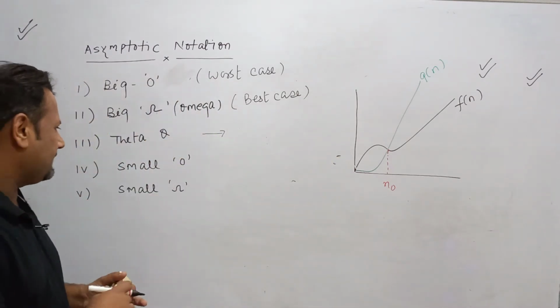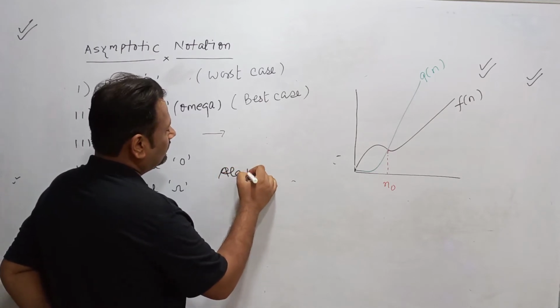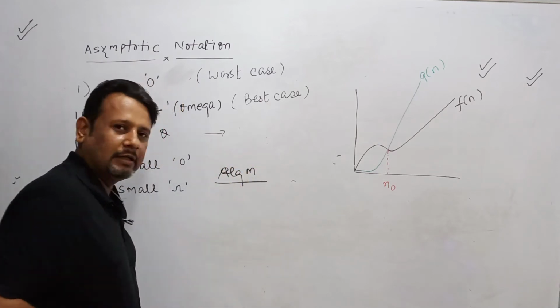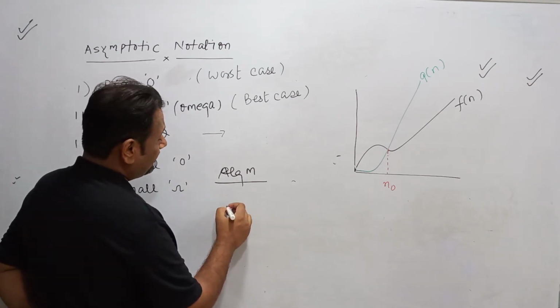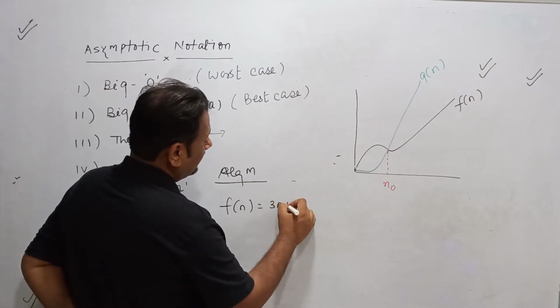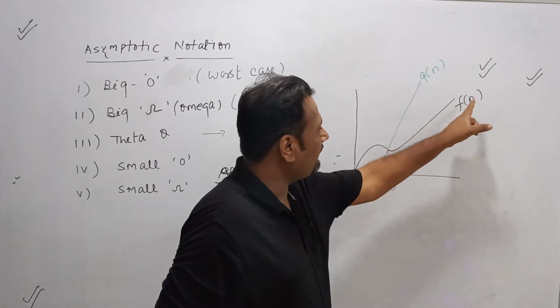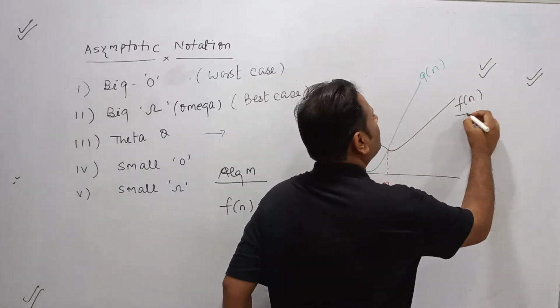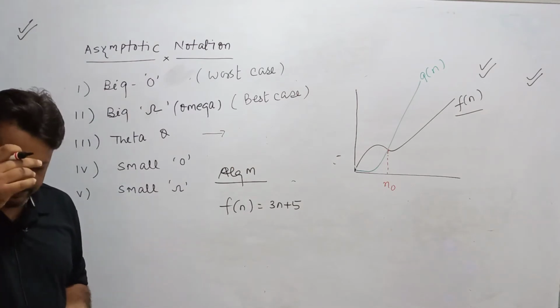This graph is saying I have one algorithm whose complexity is defined as f(n) = 3n + 5. This is the complexity of that algorithm.